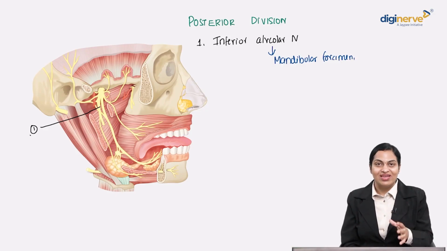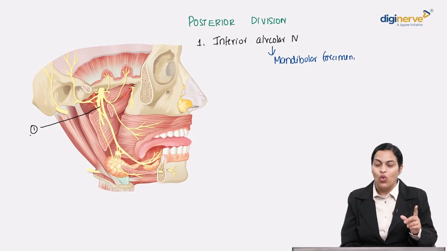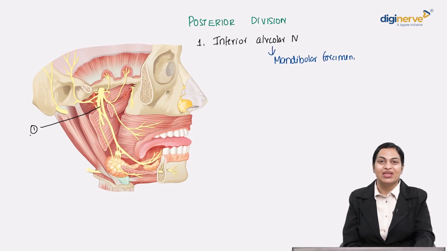You can mistake it for the mandibular nerve entering the mandibular foramen. It's not so. The mandibular nerve passes through the foramen ovale. The structure passing through the mandibular foramen on the inner surface of the mandible is the inferior alveolar nerve.